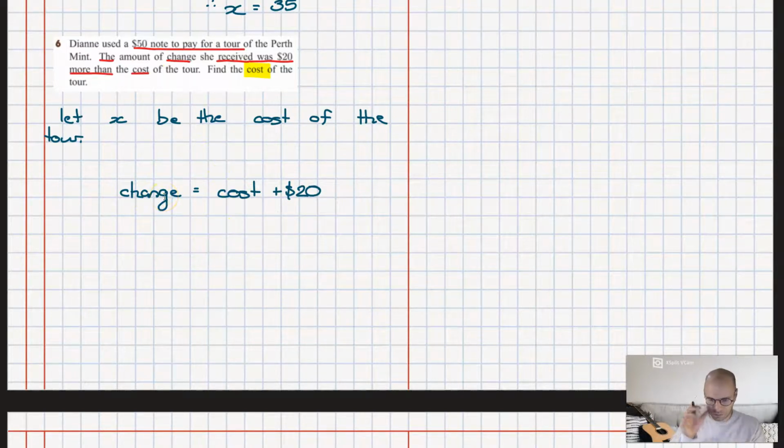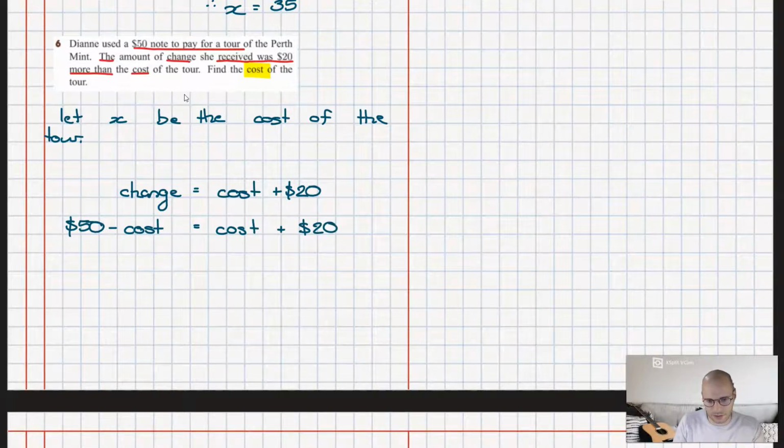Now, let's have a think about it. How else could we describe the change given? One way to look at it is if you pay with a $50 note, then the change you get back will be $50 take the cost of the tour. So we're going to write the change was $50 take the cost, and that's still equal to the cost plus $20.